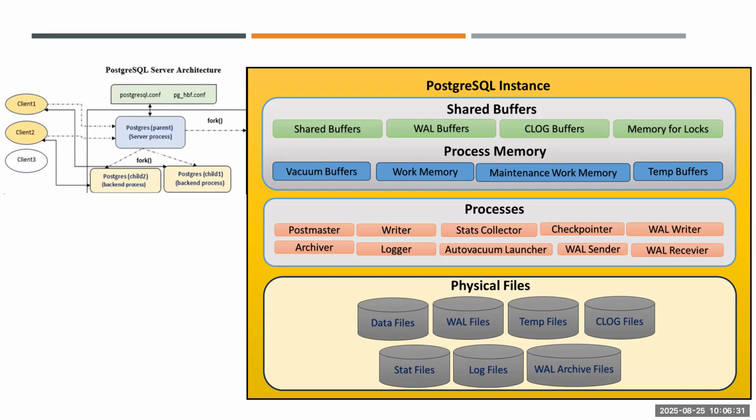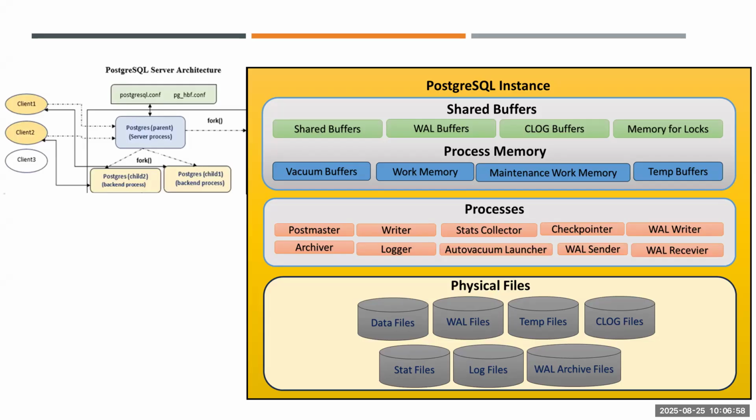As part of today, we are going to focus on the physical files and the physical memory. We will concentrate on authentication methods in the upcoming classes, along with connection pools, meaning how many connections we can establish in Postgres.